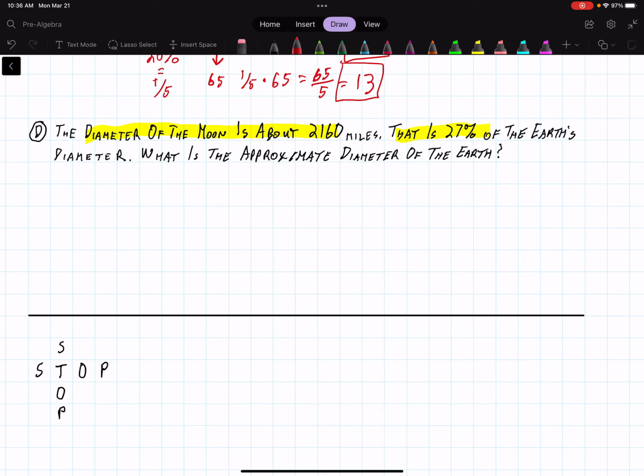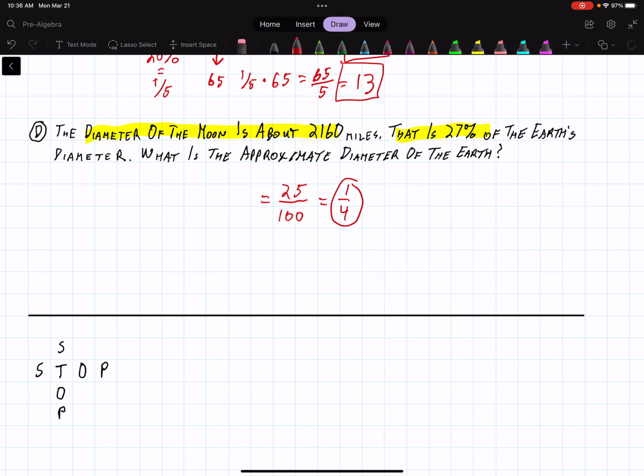Okay, so let's do this. We know the percent, so we're going to write on one half of our proportion 27 over 100. But we could make that simple and make it 25, because we know that 25 over 100 is 1/4. So instead of using the proportion, now I have a simple number. 25 is 1/4.